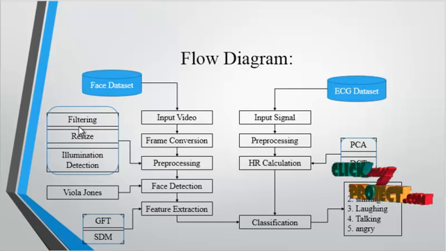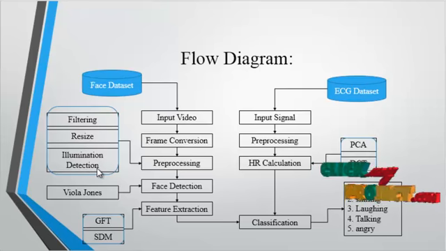After the filtering process, the resize is carried out. In the resize process, each and every frame is resized to an aspect ratio. After the resize, illumination correction is used to correct the illumination in the image. If the illumination of the image is low, the illumination will be boosted.